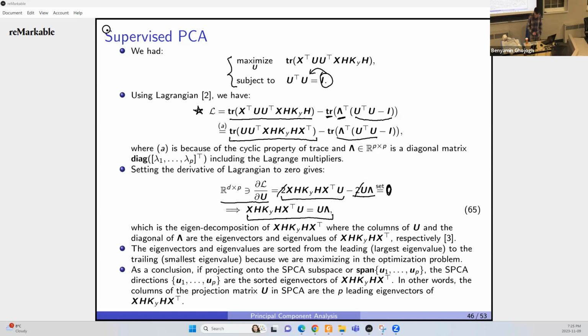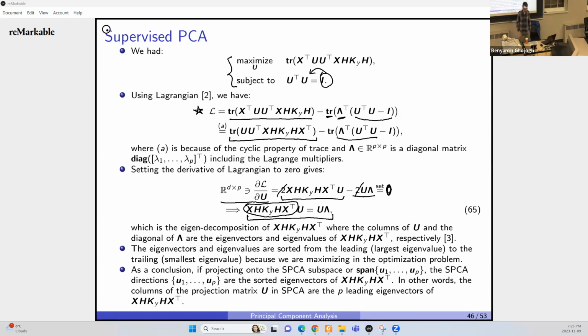What is this? Consider this part to be a matrix, call it Benjamin. Benjamin times U equals U lambda. That's the eigenvalue problem for Benjamin, right? So as a result, this is the eigenvalue problem for X H K H X transpose.